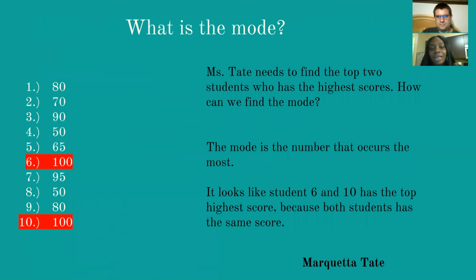So it looks like students 6 and 10 will be the students whose average is 100. Those occur the most. So the mode is the number that you see the most. In this case, it'll be 100. Got it? I got it. Thank you.